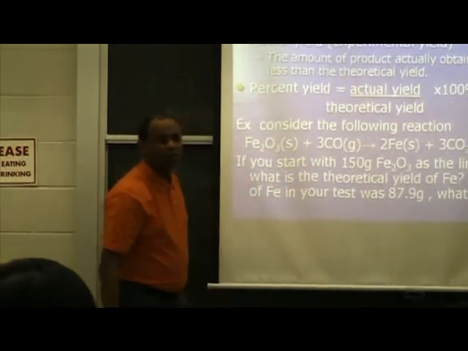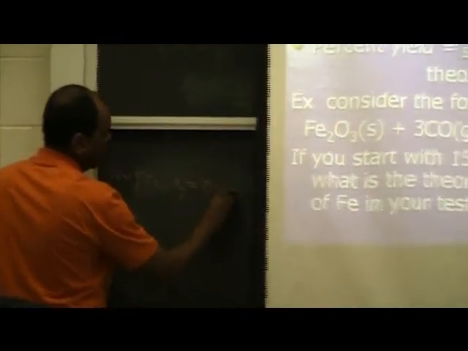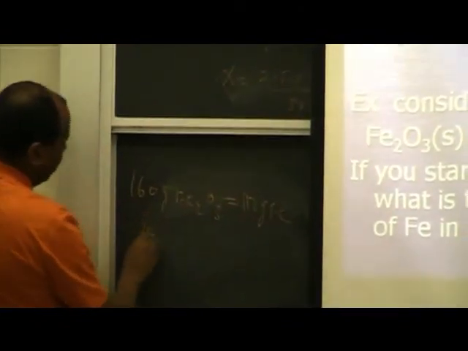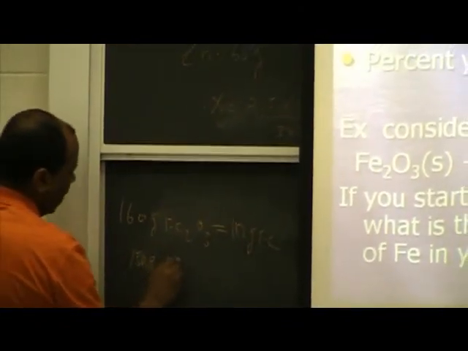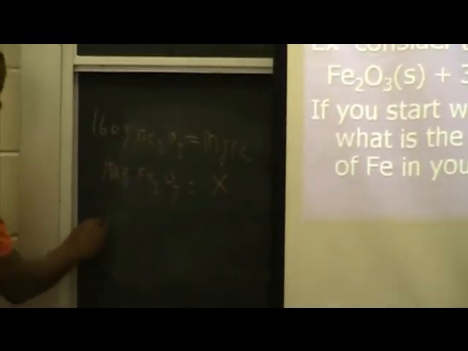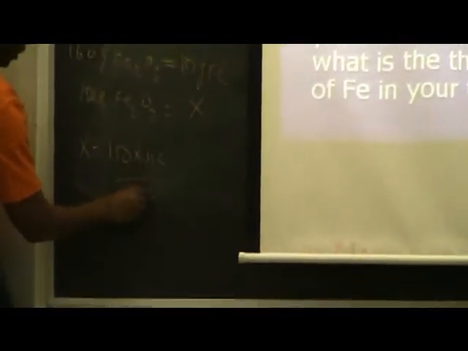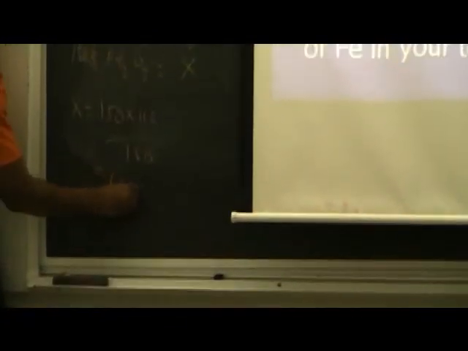It's 112. So 112 grams of iron. If you have 150 grams of iron 3 oxide, how many grams of iron do you get?